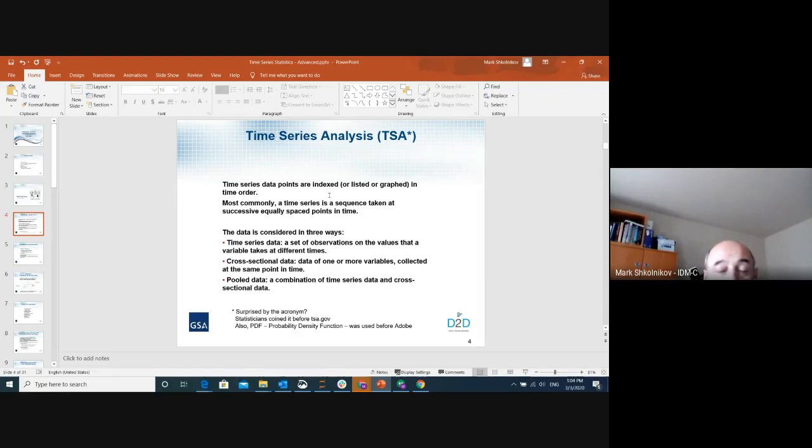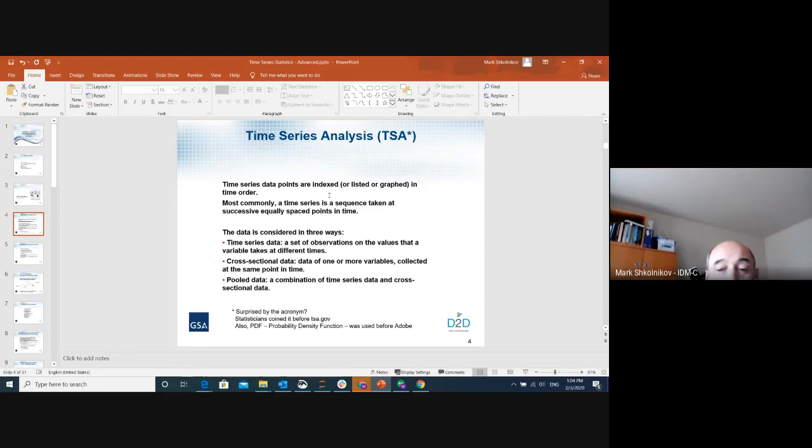Okay, so in time series, the data points are indexed or listed or graphed in order of time. And this is the biggest difference, and that creates a lot of interesting consequences. The time series data is considered in three ways.